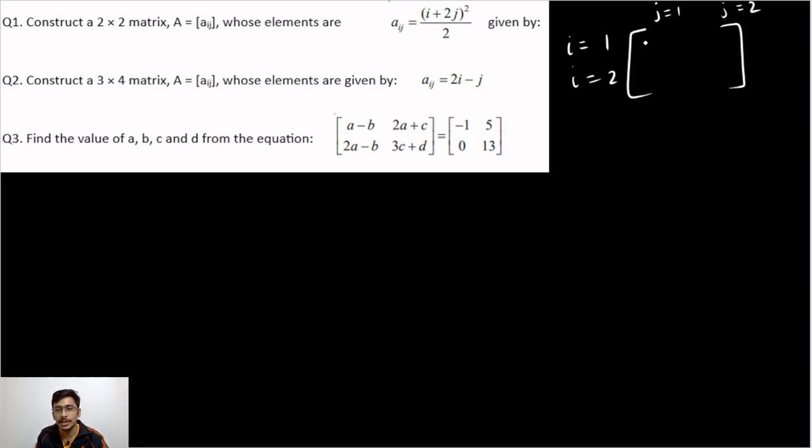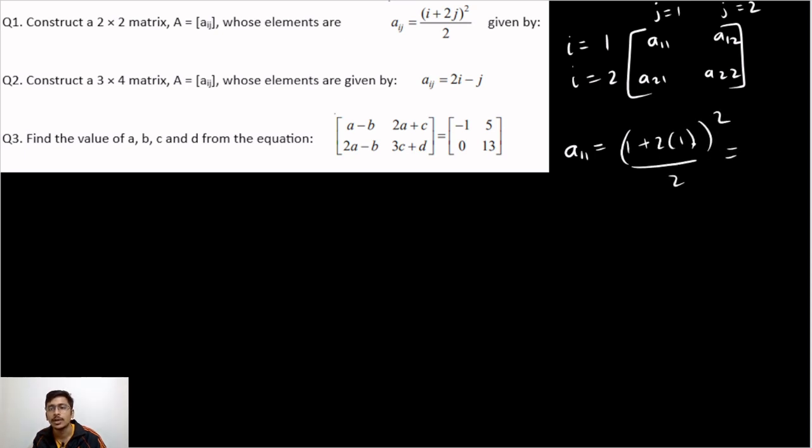So basically the addresses that we get here are nothing but A11, A12, A21 and A22. The elements that live at these addresses are given by that equation. So we can simply substitute and find out what A11 is. A11 is nothing but (1 plus 2 into 1) whole square by 2, which is 3 square by 2, so it is 9 by 2.